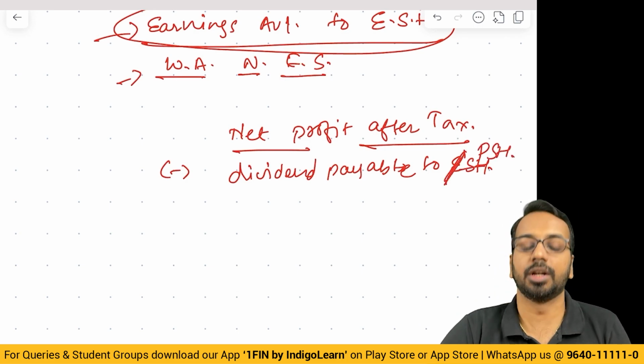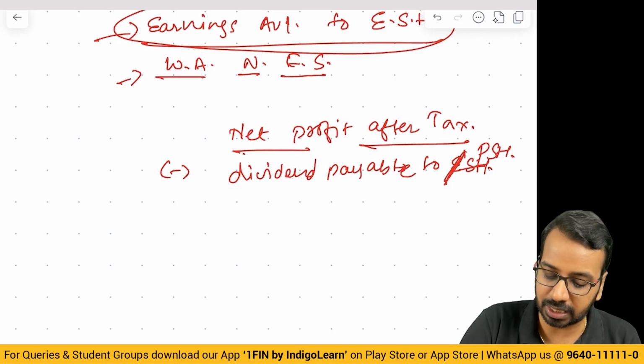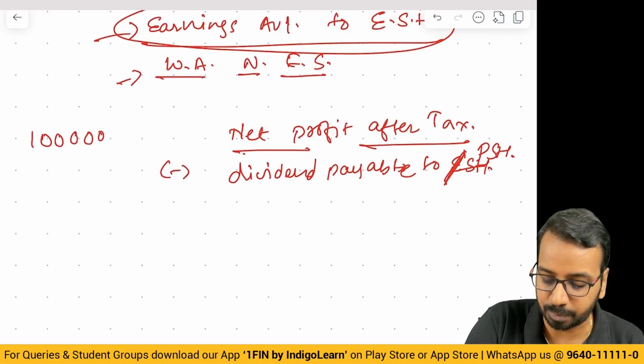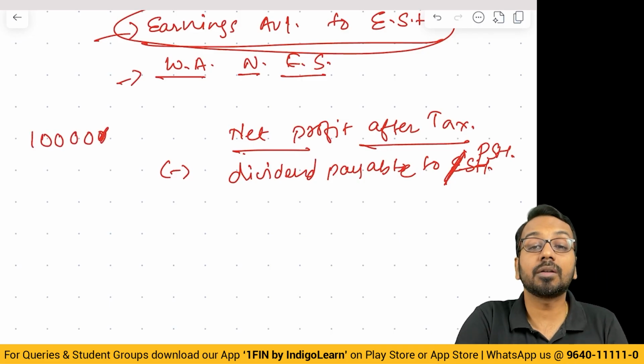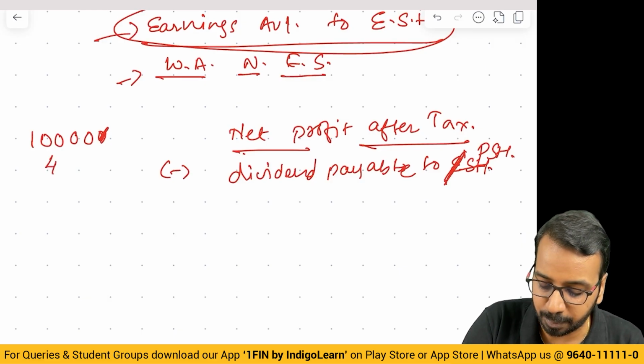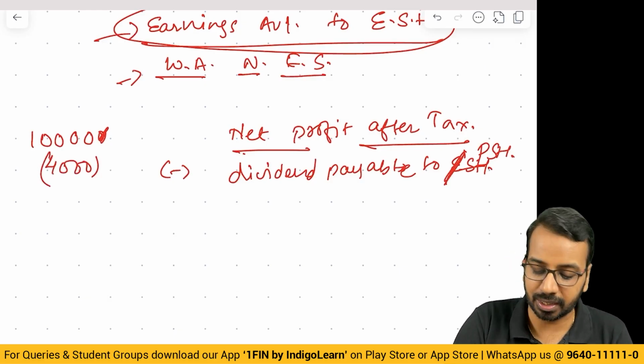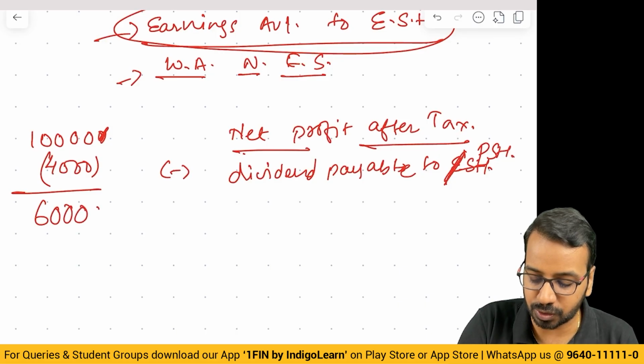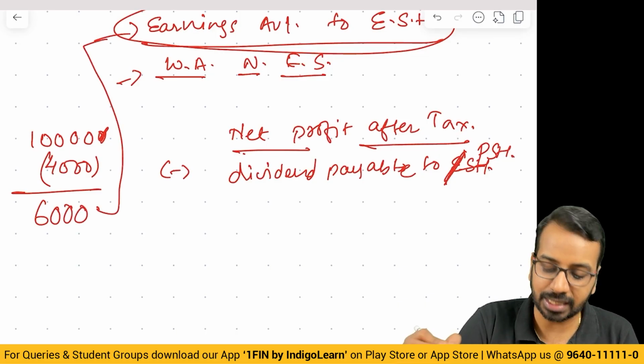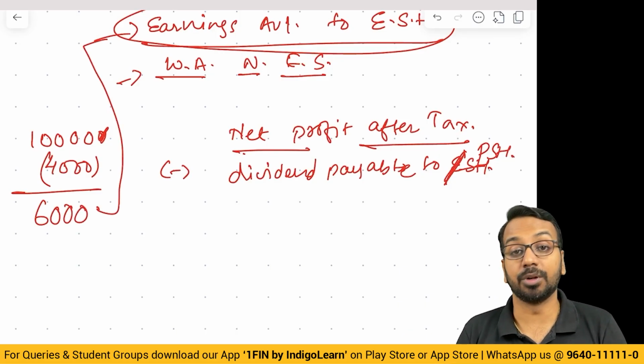So what is the net profit after tax? Let us say it is 10,000. Out of this 10,000, we have to pay, let us say, 4,000 to preference shareholders as dividend. So this 6,000 is what is called earnings available to equity shareholders.